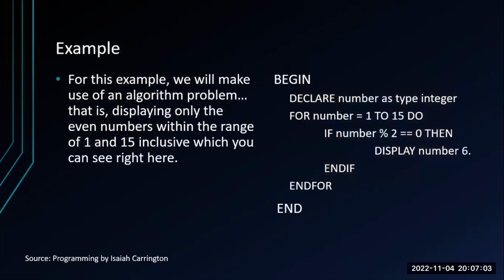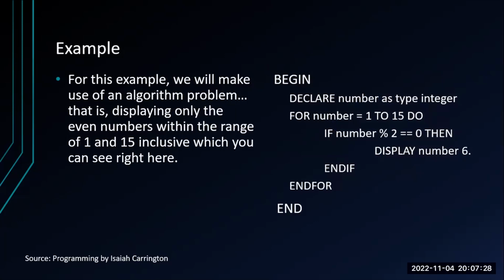All right, so I'll just show you one example. For this problem, it'll be displaying only even numbers within the range of 1 to 15. So here is a very simple algorithm. Here you have your begin and end.